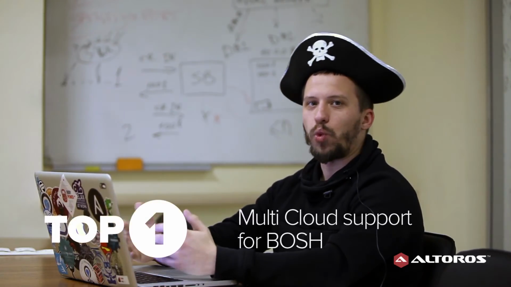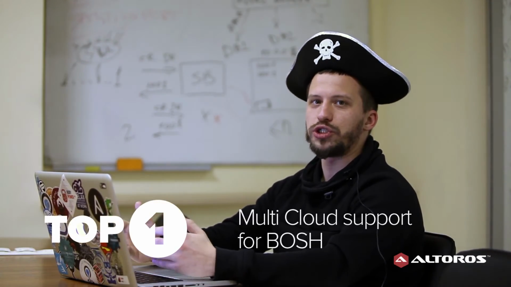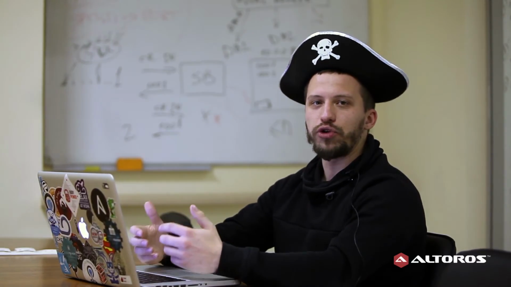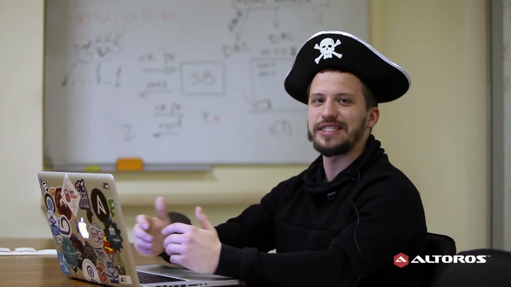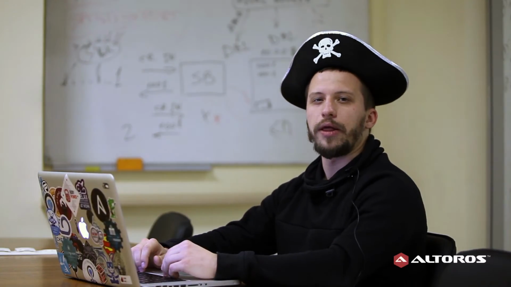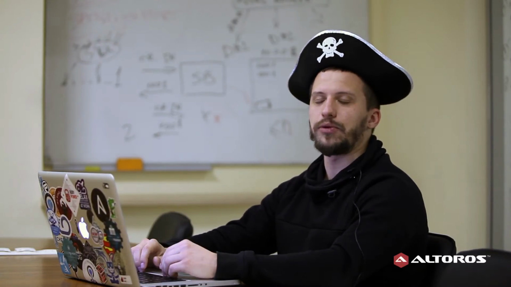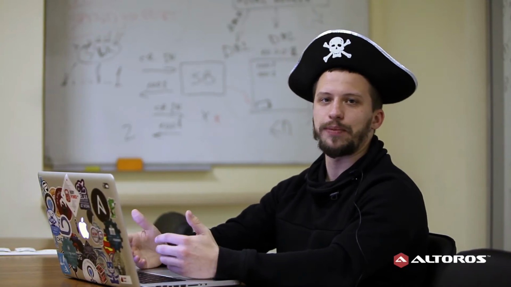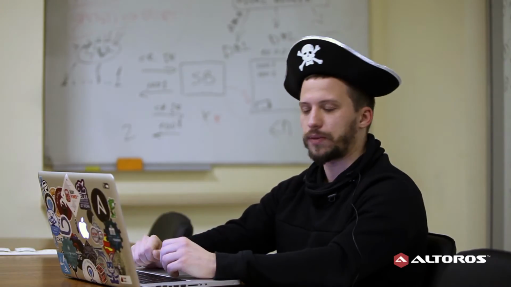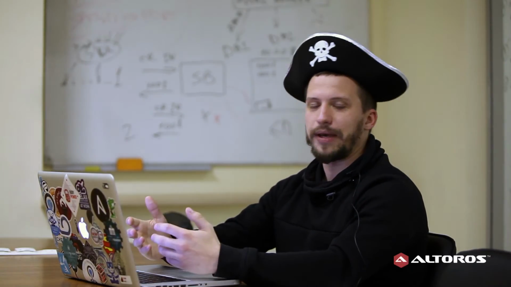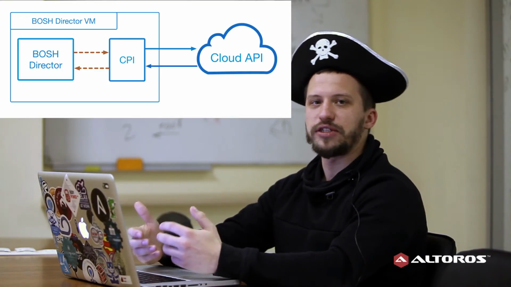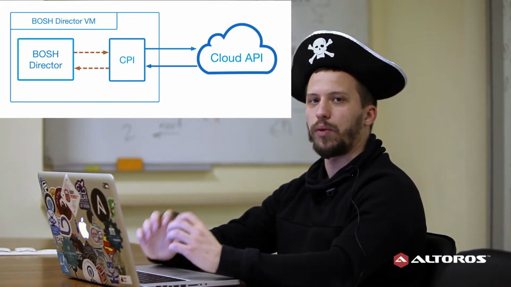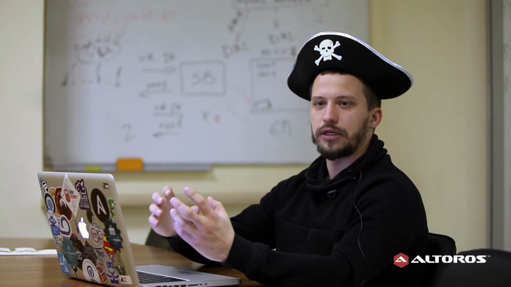The news number 1 is so huge that I can't even express it to you. It is a pull request created by Matthew Winzeller from Swisscom, and this pull request brings support for multiple CPIs to the BOSH project. CPI stands for Cloud Provider Interface, and it works as a wrapper between BOSH Director and clouds.